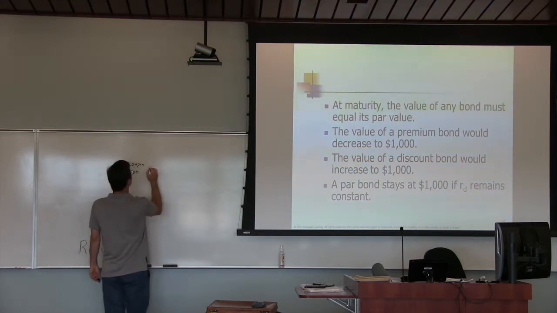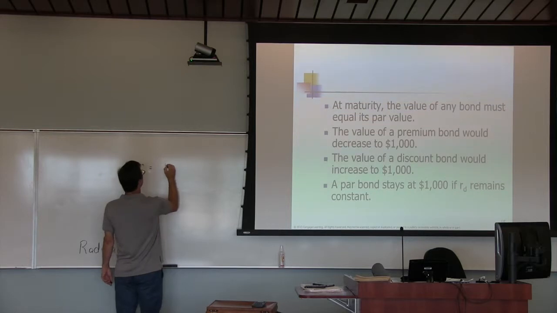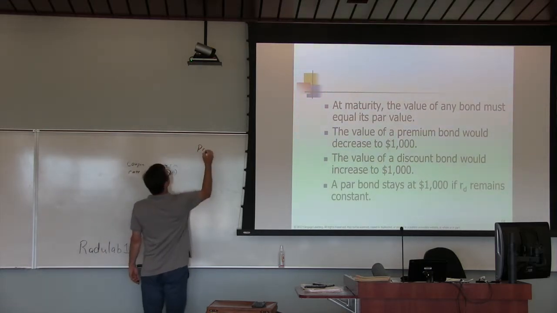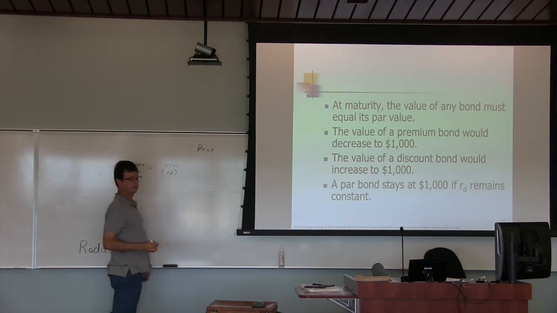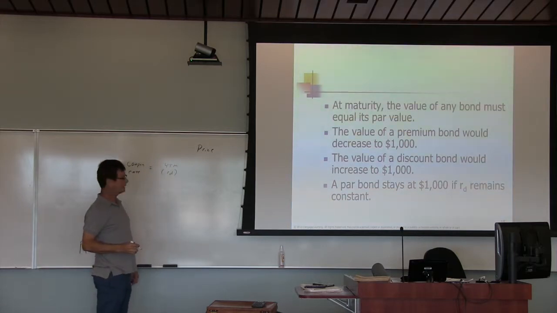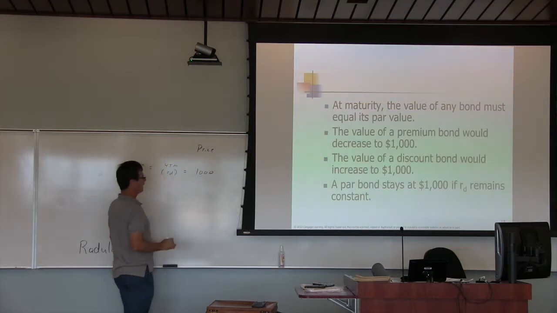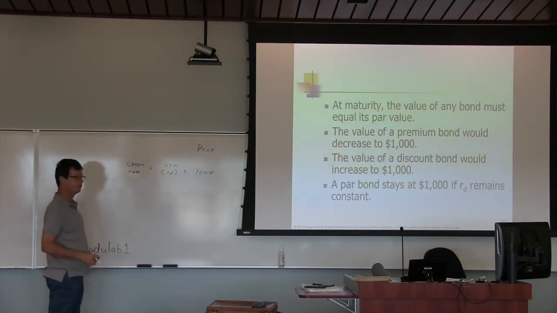When it is equal to our yield to maturity, or the cost of debt, then our price in that case is right at $1,000. We say that that's at par.